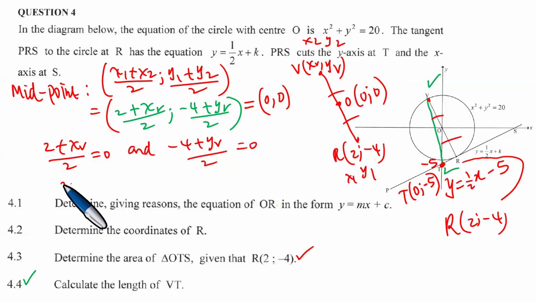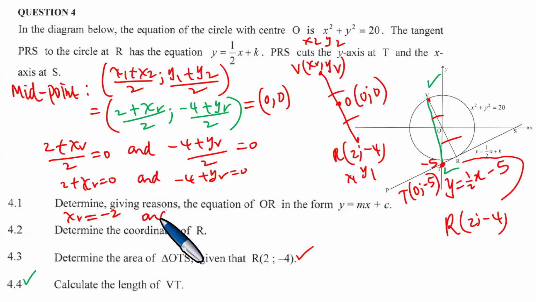Cross multiply: 2 plus xV equals 0, and -4 plus yV equals 0. So xV is -2 and yV is 4.